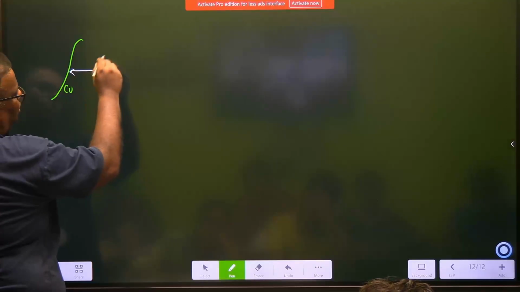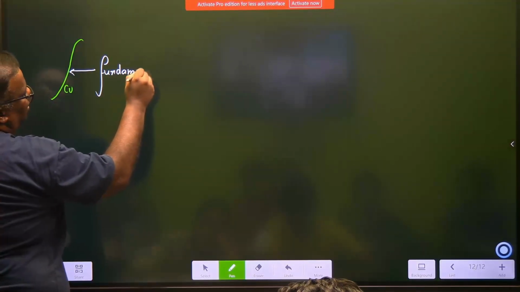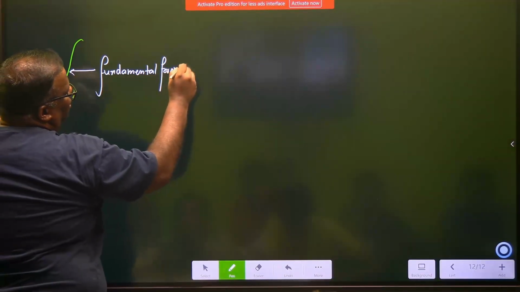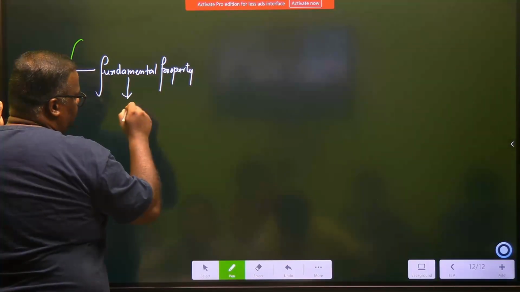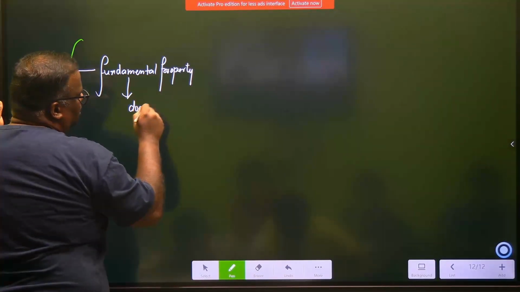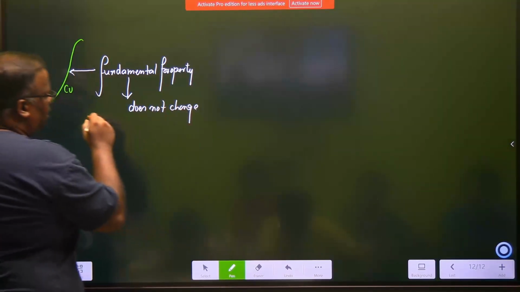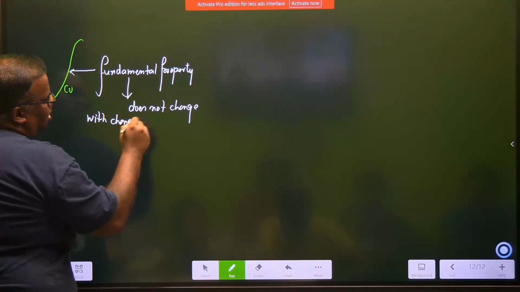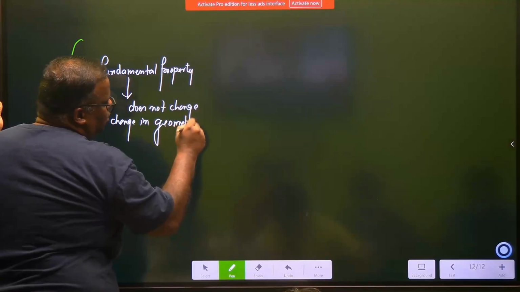There is some property which we say is a fundamental property. What do you mean by fundamental property? It means that this does not change with change in geometry.